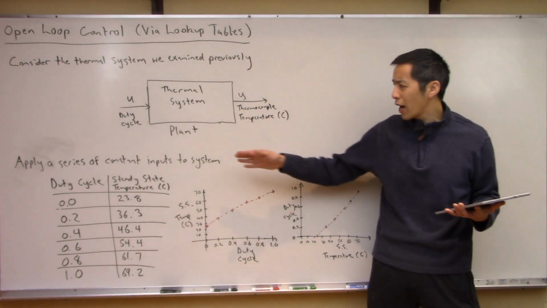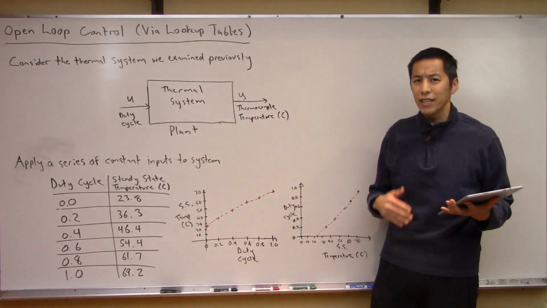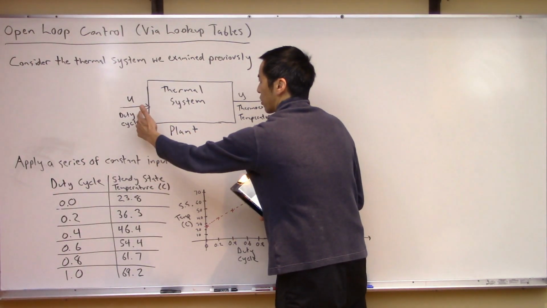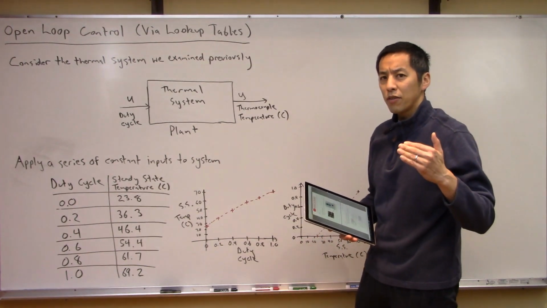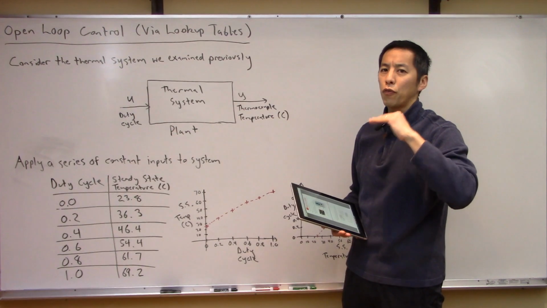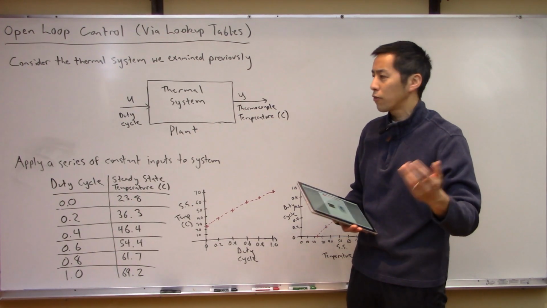So let's abstract this. Again, the thermal system that we're interested in, it's just some plant where we talked about this earlier. The input to this is a control signal U that is 0 means turn the heater off, 1 means turn the heater full blast on and try to heat this thing up as fast as possible.